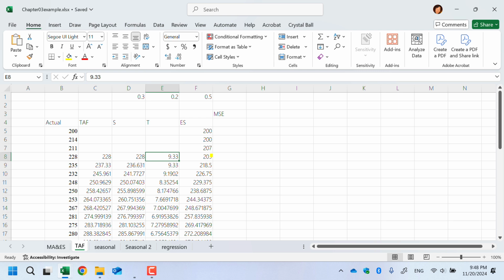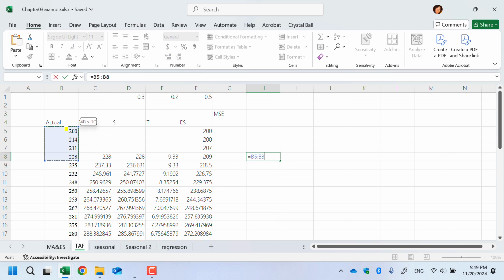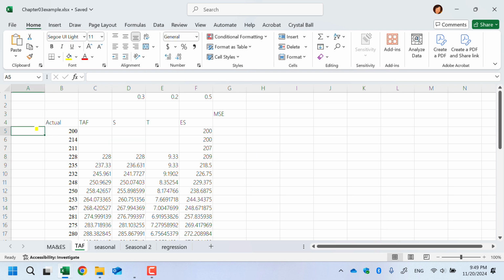9.33 here is the number calculating the slope using these 4 numbers. So just previous numbers. Think about it. This is just the first period, second period, 3, 4. So x changes from 1 to 4, right?